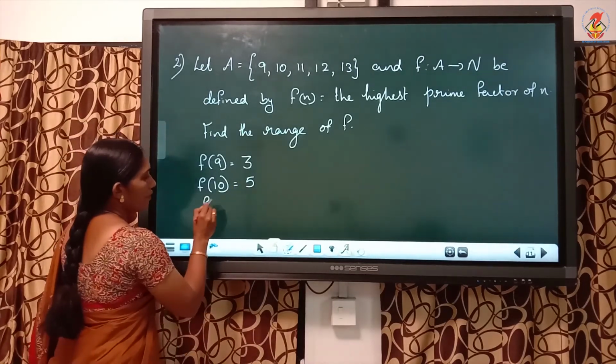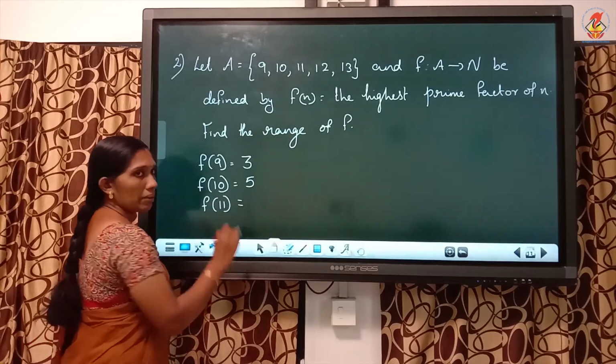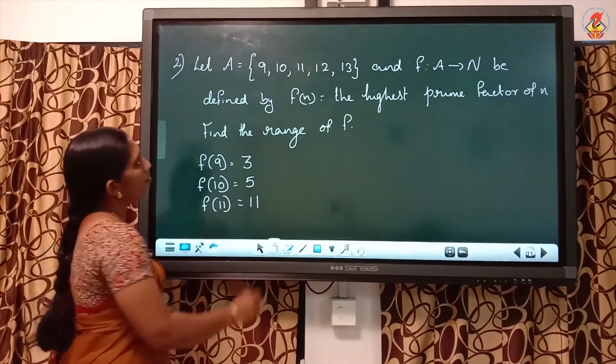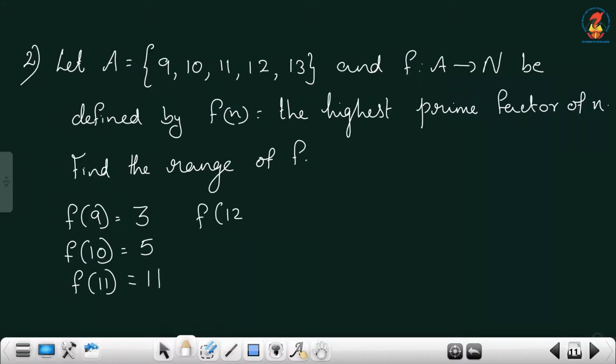Now f of 11. 11 is a prime number itself. The highest prime factor is 11 itself. Now f of 12. Factors are 1, 2, 3, 4, 6, 12. The highest prime factor is 3.